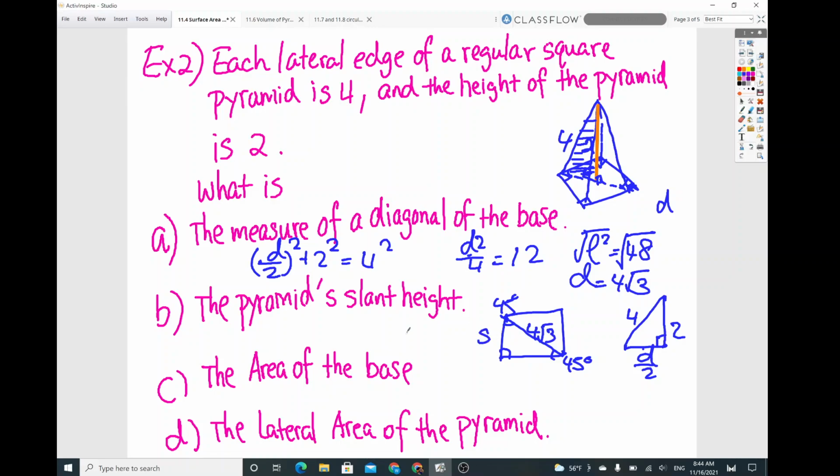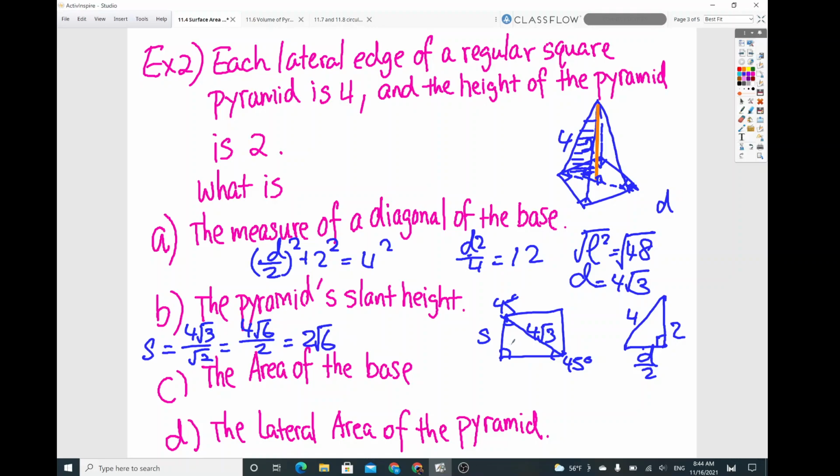Let's find out the side length first. It's 4 root 3 divided by root 2. Once you rationalize it, multiplying the top and the bottom by root 2, you get 4 root 6 over 2, which is 2 root 6.